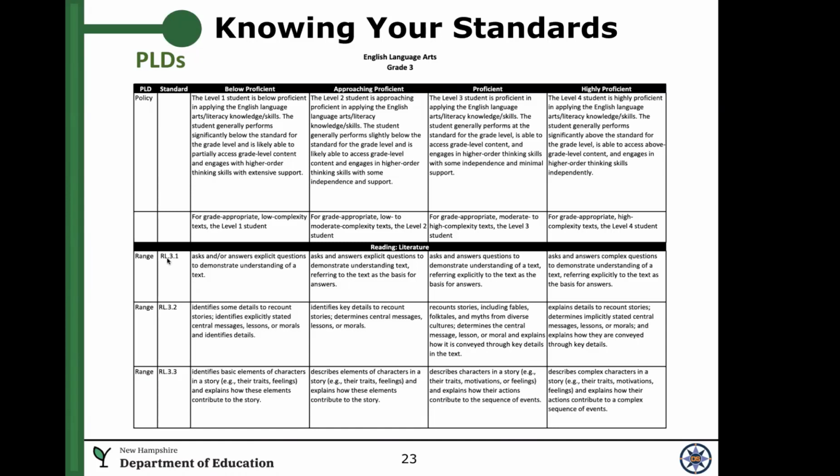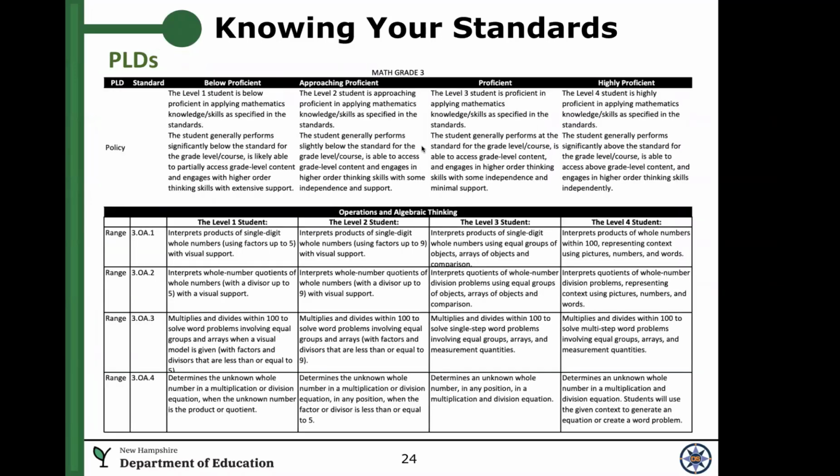It gives you the standard number over here, and then it tells you what a student that's below proficient, approaching proficient, proficient, or highly proficient is doing with that skill. And it goes through every single standard for that. So those are the ELA. Same thing with math: this just tells you what an indicator of each level is, and then for each standard, it gives you what kids are doing at specific levels of proficiency.